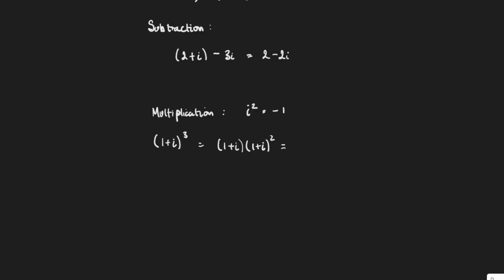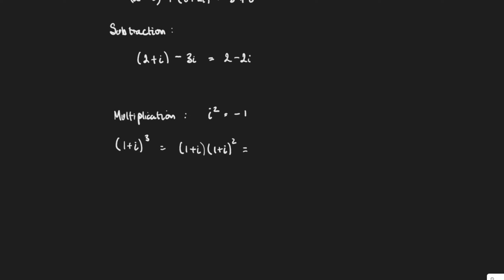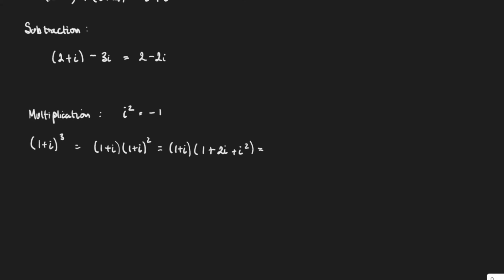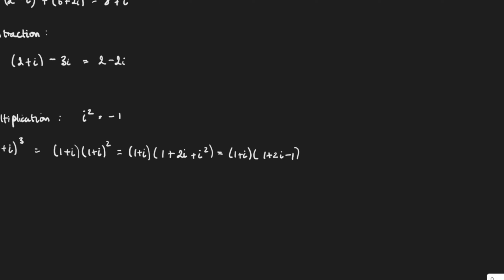Now (1 add i) squared is going to come to, quickly, (1 add i) multiplied by (1 add i), which is 1 add 2i add i squared. And we can now change this to (1 add i) multiplied by (1 add 2i minus 1). And so the minus 1 and the plus 1 are going to cancel out, and we're just going to be left with 2i here.